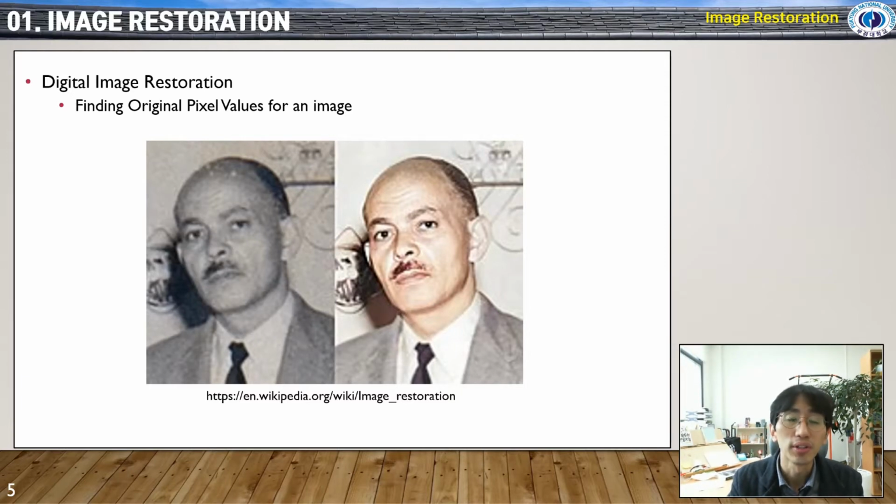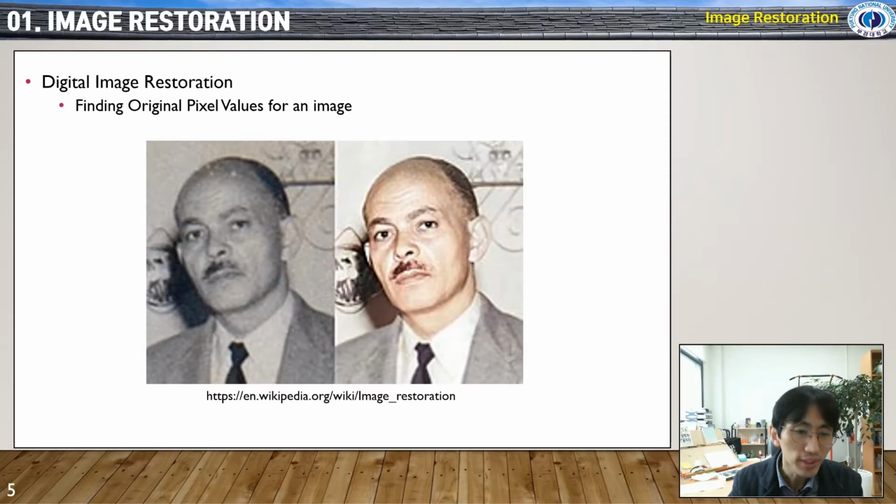Or maybe there is an enemy of yours, and then your enemy distorted your digital photo. They may hate you, so they put some virus or they draw some pixels or shapes in your photo, and they save it. Then your photo will be distorted.